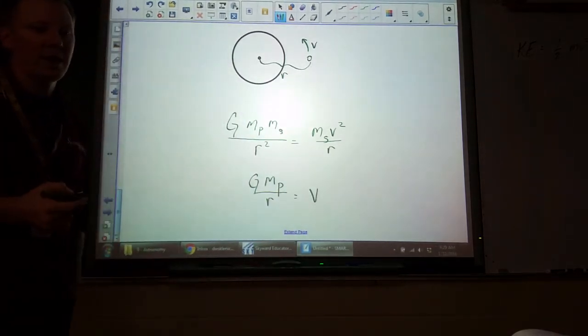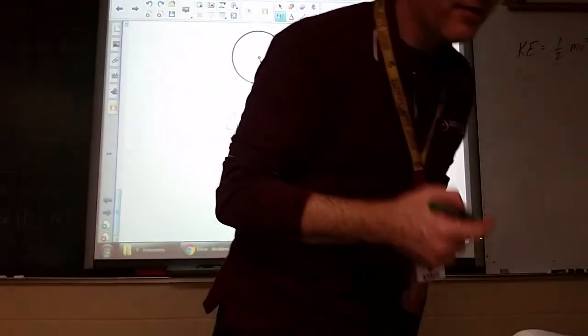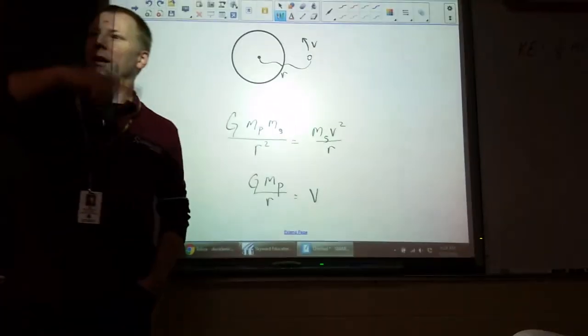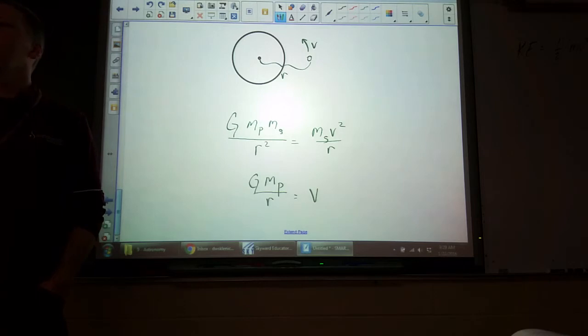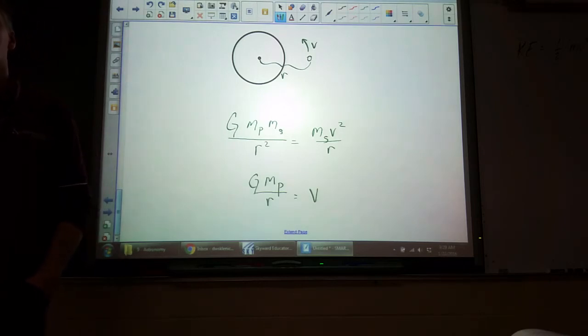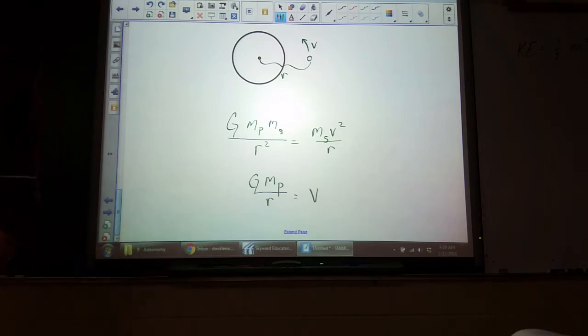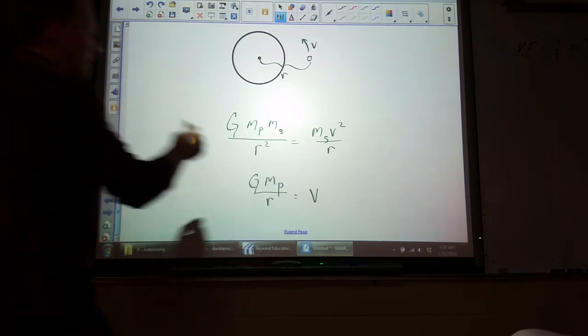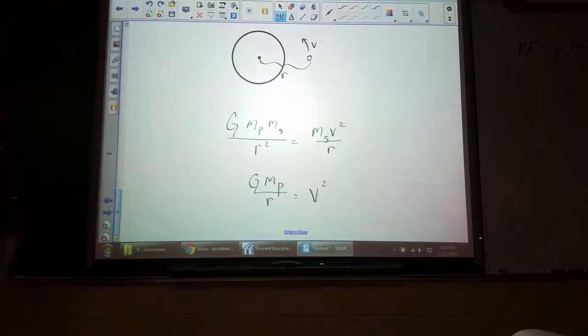But what is the velocity? It's how far does it go, assuming it's a circular orbit? Isn't v still squared? Yes, thank you. How do we know how far it goes if it goes around in a circle? The circumference.